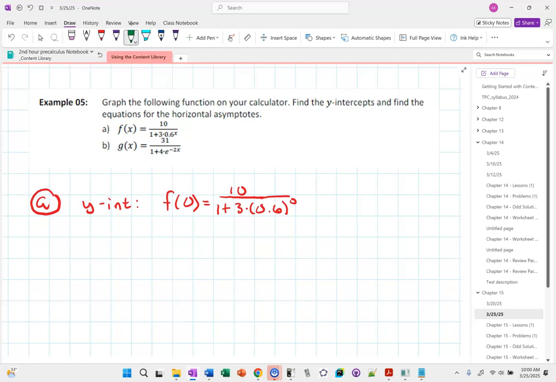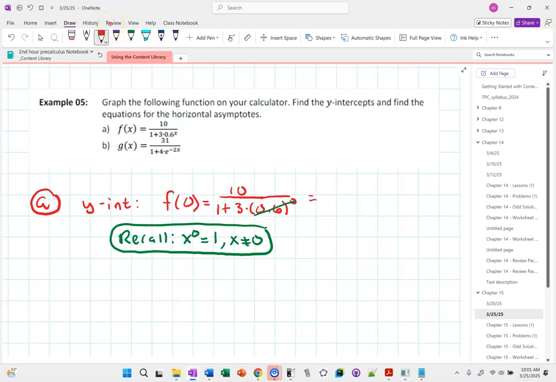What's 0.6 to the 0? Anything other than 0 to the 0 power is 1. So that just cancels out, right?